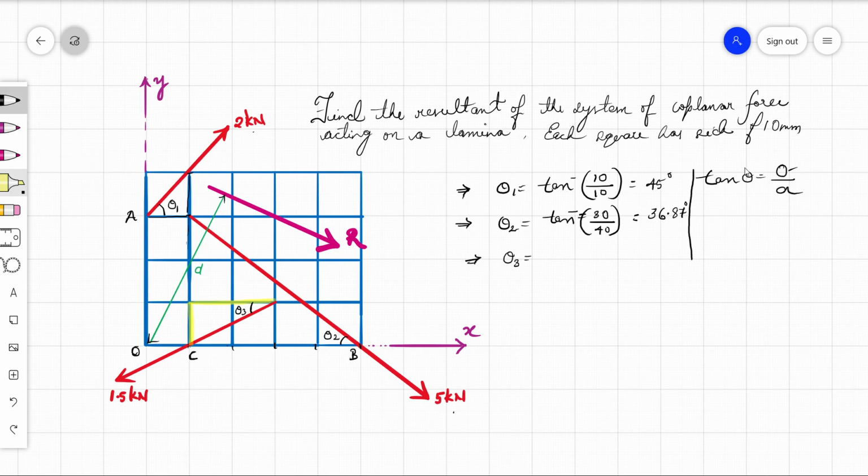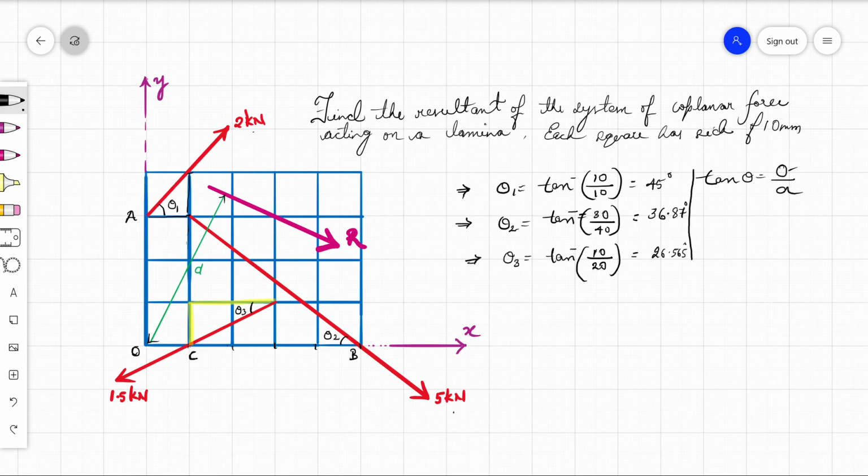So in that case, tan inverse of the opposite, which is 10, divided by the adjacent, which is 20. So tan inverse of 1 by 2, you'll get in the calculator as 26.565 degrees. So our first step is done. In the first step we found the values of theta.